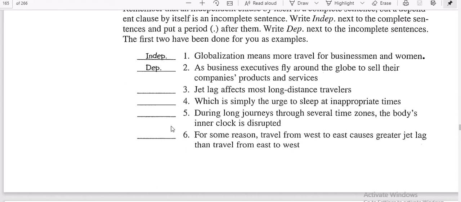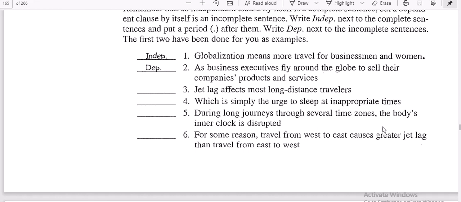The same thing here. For some reasons, comma. So for some reasons is what? A complement, not a subordinator. So here, travel from west to east causes greater jet lag than travel from east to west. Here travel is what? The subject. Travel from west to east is the subject. The word travel is the subject.